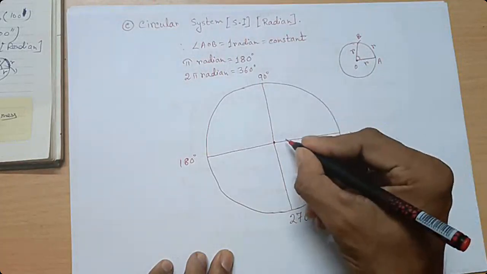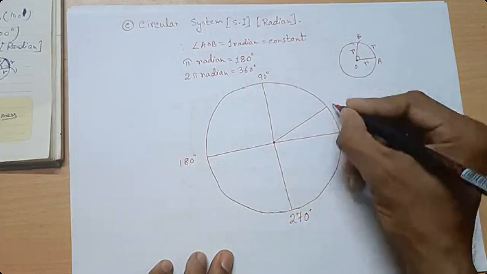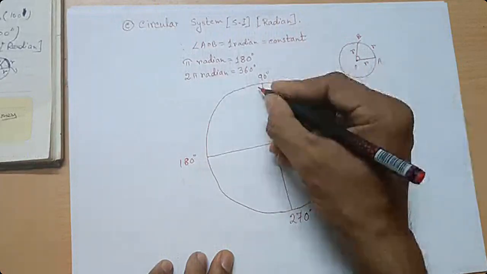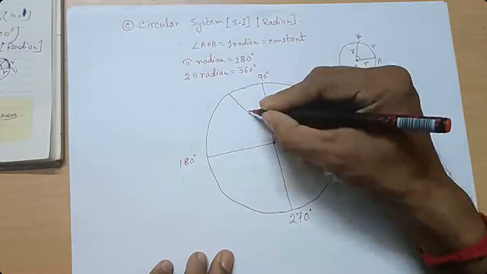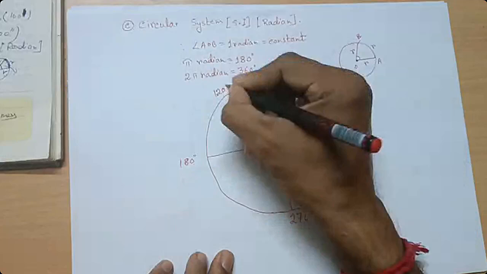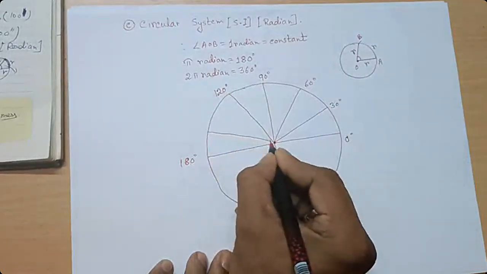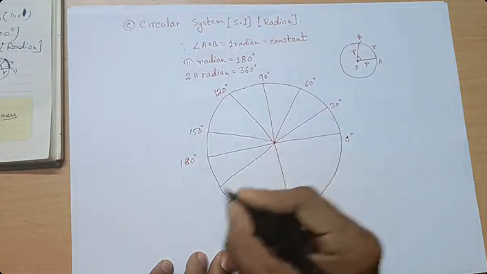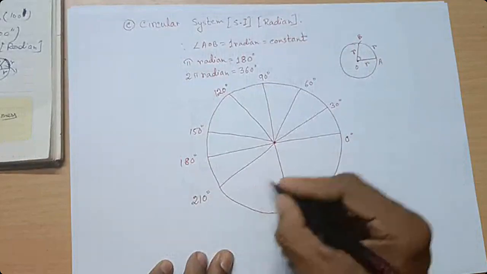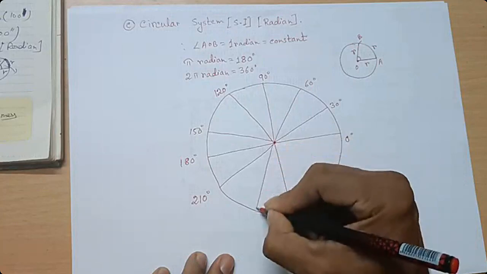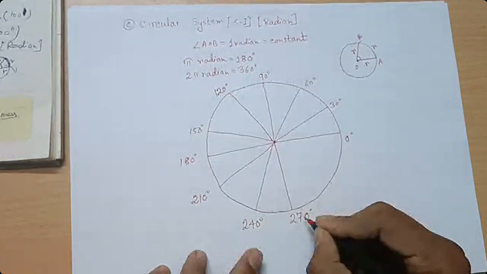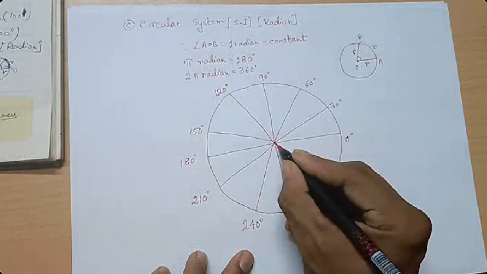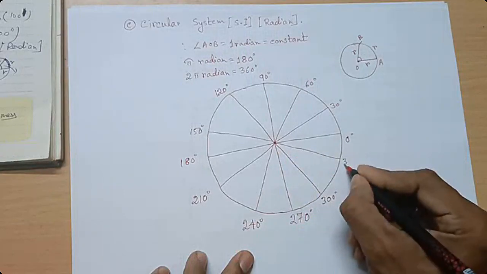Now we divide it: this is 30 degrees, 60 degrees, 90, 120 degrees, 150 degrees, 210 degrees, 240 degrees, 270, 300 degrees, and 330 degrees.